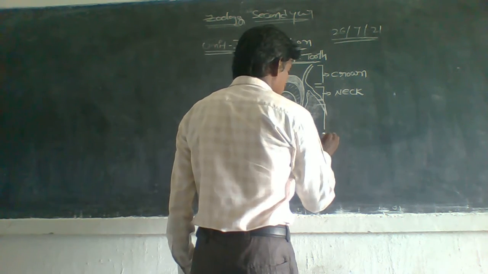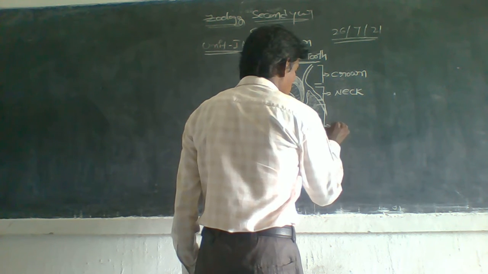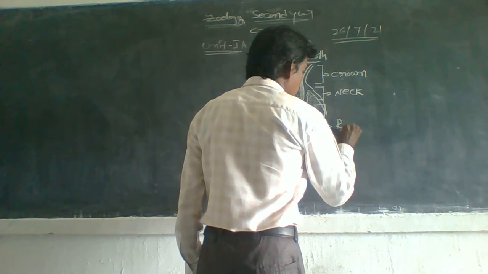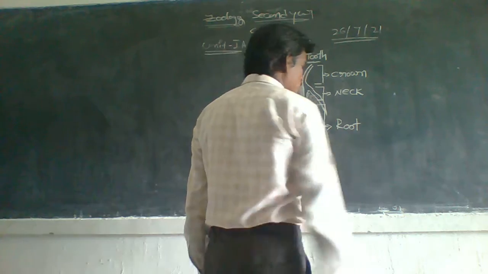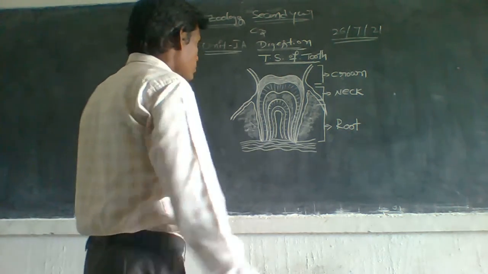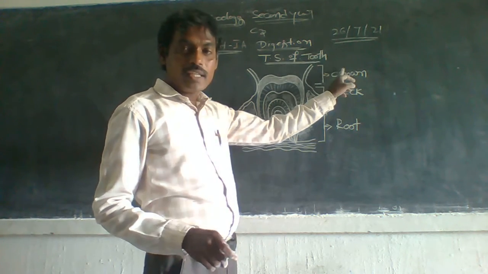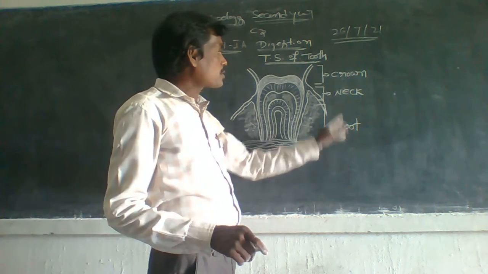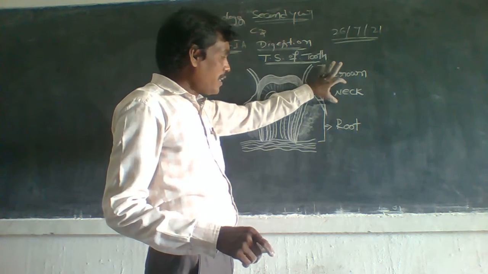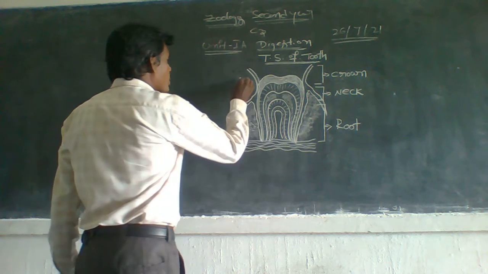And this part is the root. In the TS of tooth, mainly 3 parts: crown, neck, root.